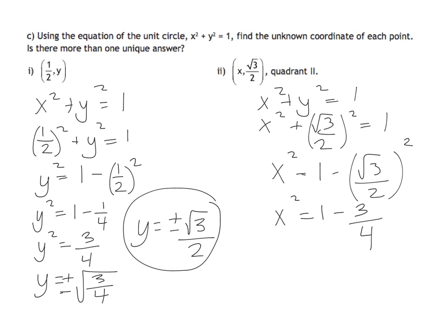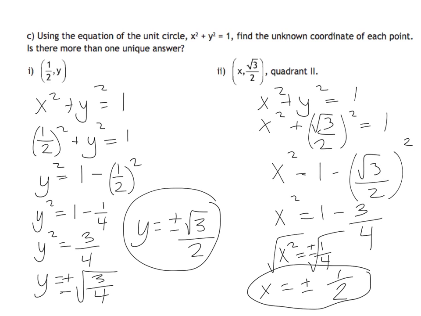Right, the square root of 3 squared is 3, because the square root and the squared cancel each other out, and then square the 2, it's 4. So 1 minus 3/4 is just 1/4. And then take the square root, positive and negative square root, x equals positive or negative. Square root of 1/4 is 1/2. So those are some of the types of questions that you might be asked to do.